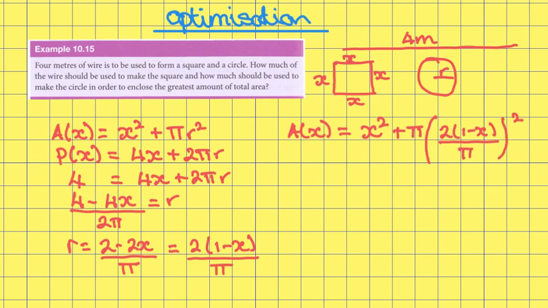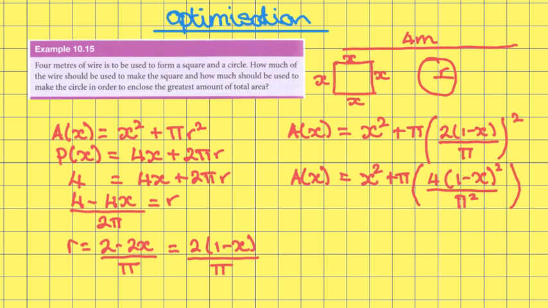Right, I'm now going to multiply out my large bracket, so I get A of x equals x squared plus pi lots 2 squared is 4, 1 minus x squared over pi squared.